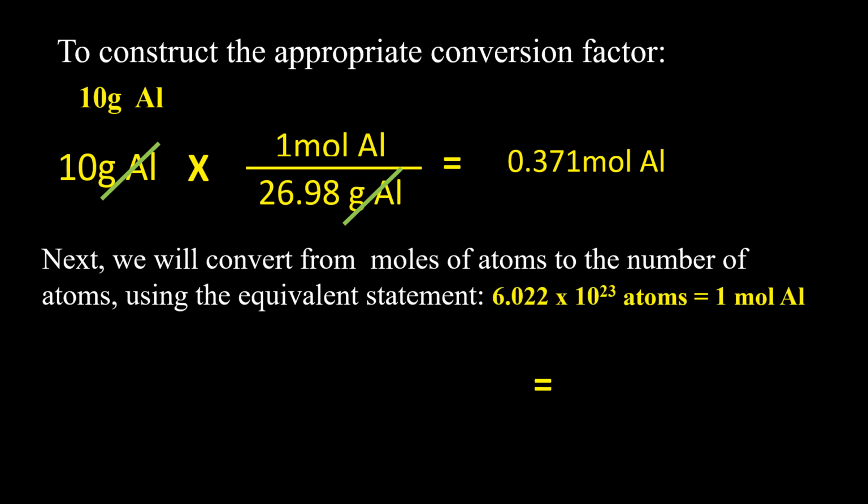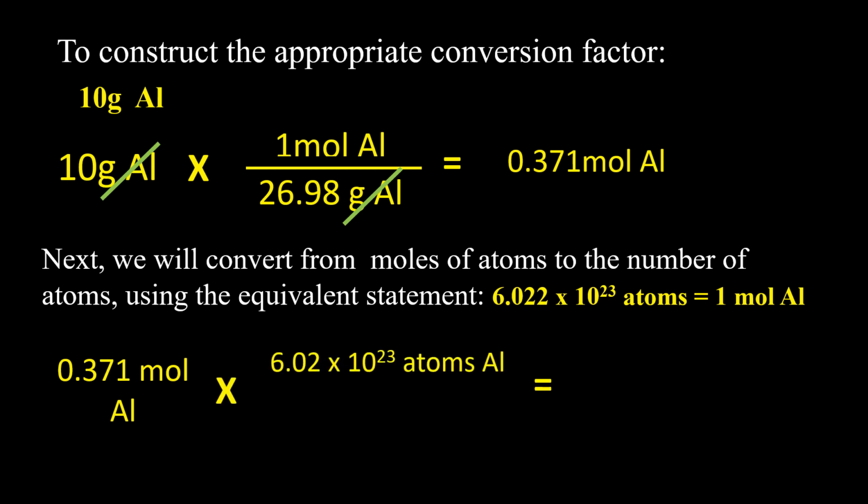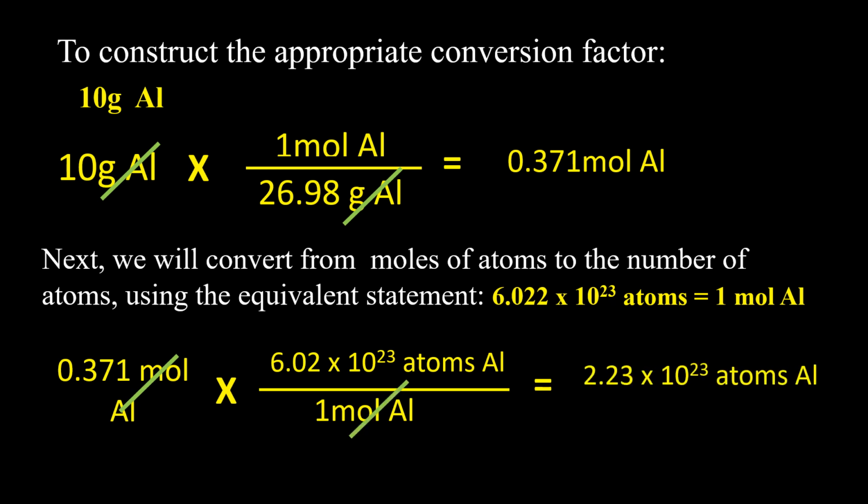Next, we will convert from moles of atoms to the number of atoms using the equivalent statement. 6.022 times 10 raised to 23 atoms is equal to 1 mole of aluminum. So we have 0.371 mole times 6.02 times 10 raised to 23 atoms divided by 1 mole is equal to, we have to cancel first again the units of mole.